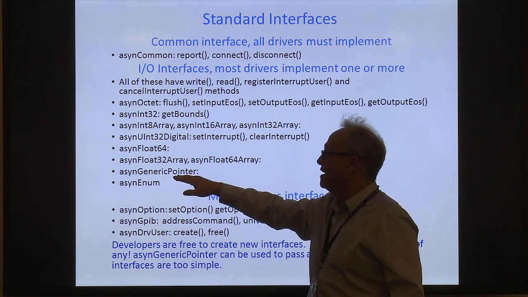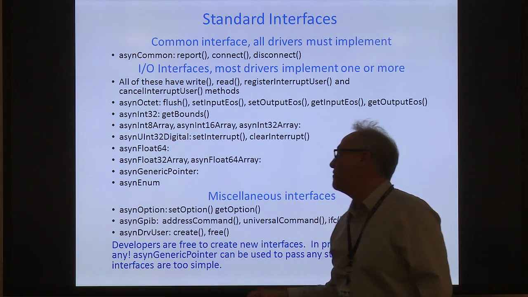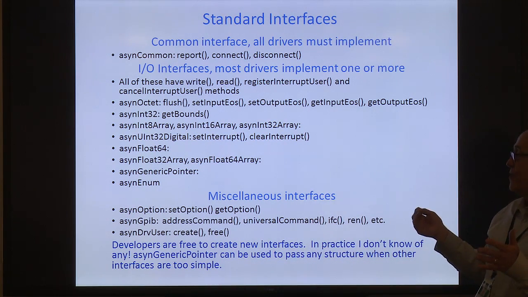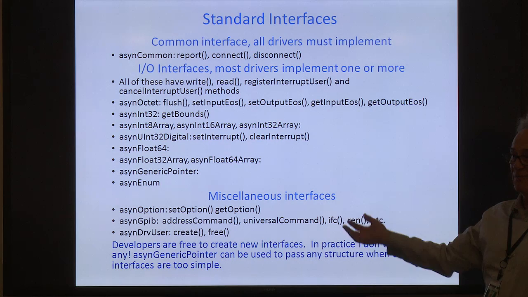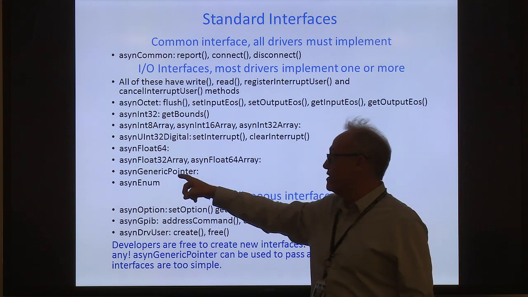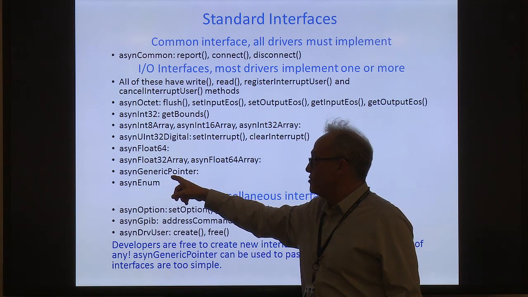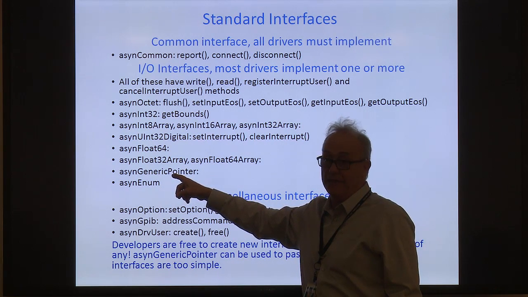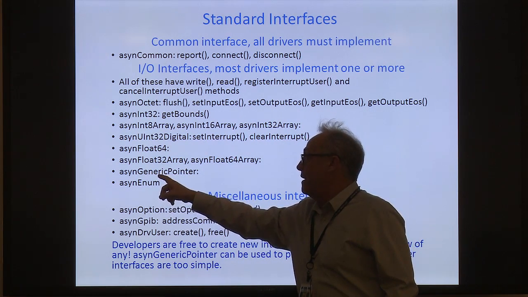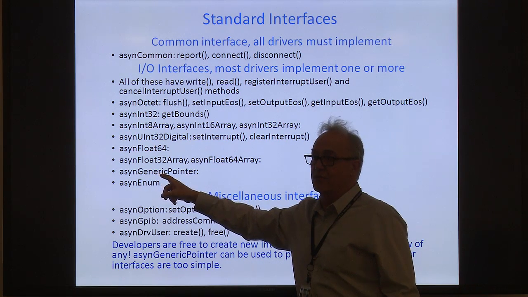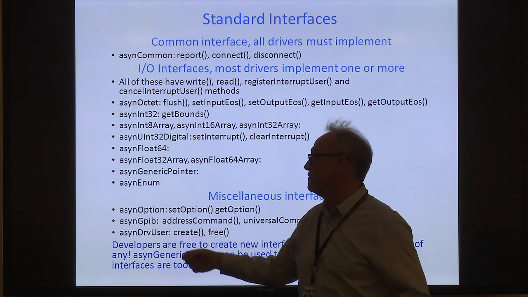Anything more complicated, you use this. The driver and the device support have to agree on what it is a pointer to. Area detector uses this to pass a pointer to an object called an NDArray, an n-dimensional array. And in the motor driver, this passes a structure that's motor driver specific.